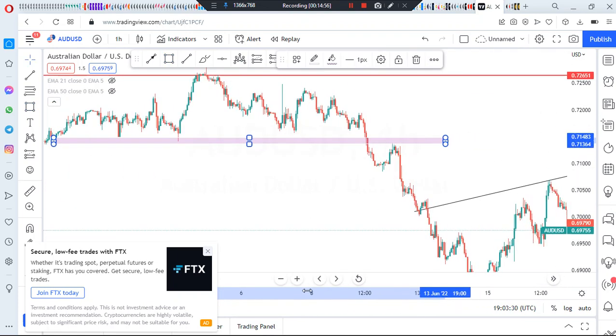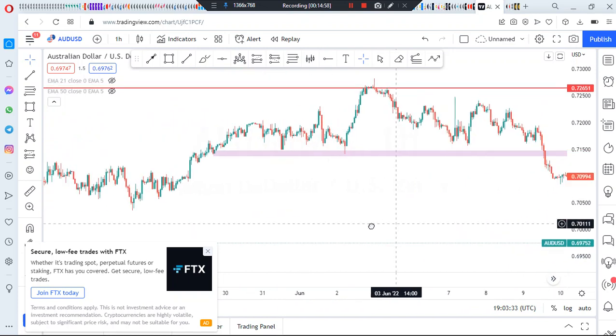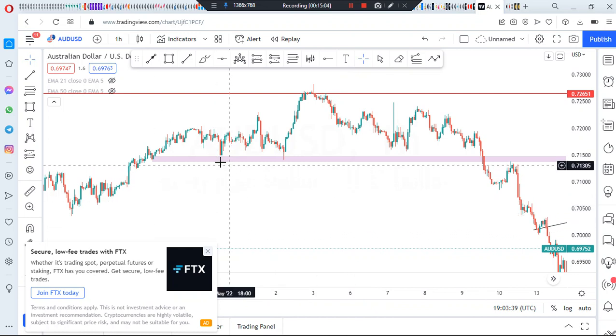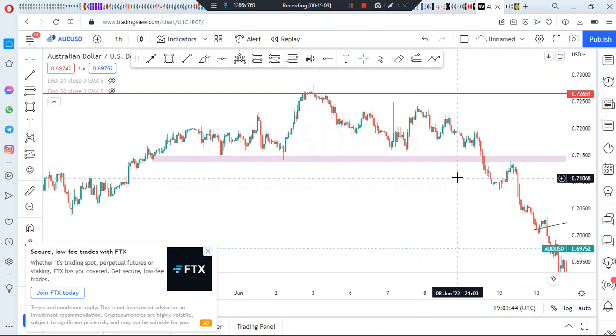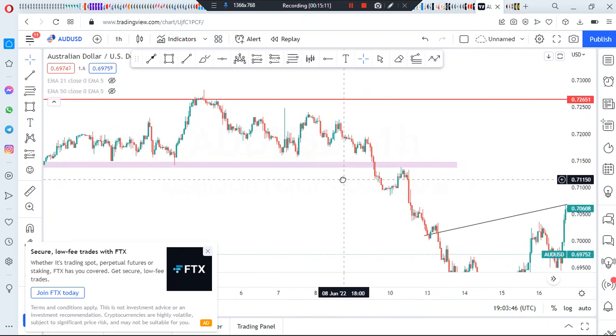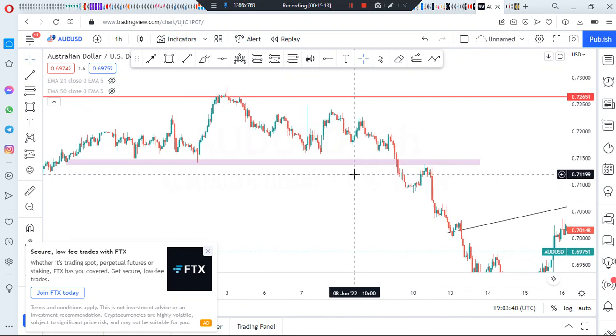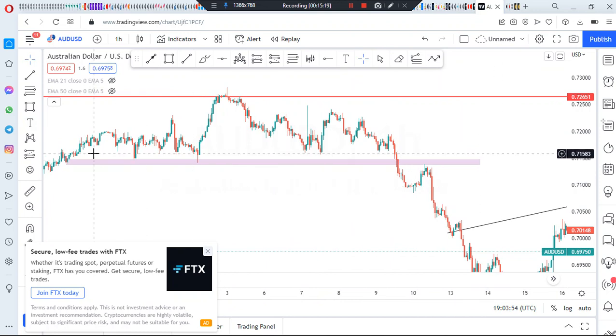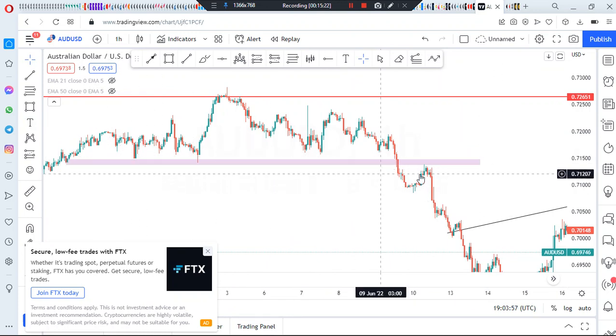Okay, so let me just zoom in. As we all know, we have what we call double tops, triple tops. Here what happened is we touched here and we touched here for the second time. So the third time it was a bit obvious that we were going to break this demand and supply area around here, because this area was tested 2 times.